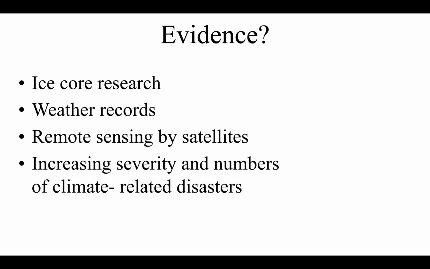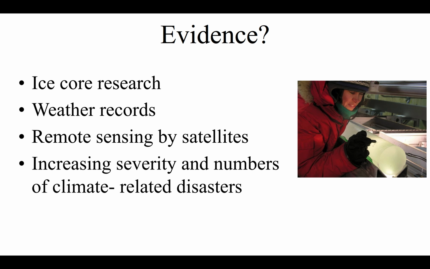The other evidence is the evidence of your eyes, where every year it seems like there are more and more weather and climate-related disasters. Those aren't coincidental. There is an ice core, as you can see, it's quite cool.